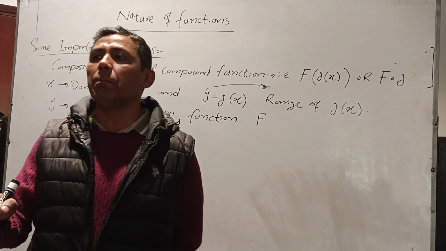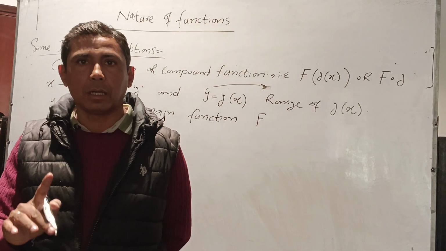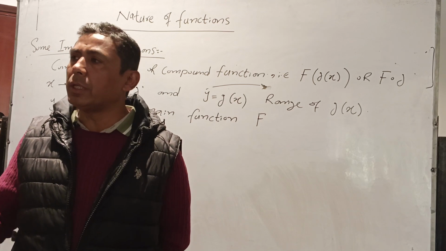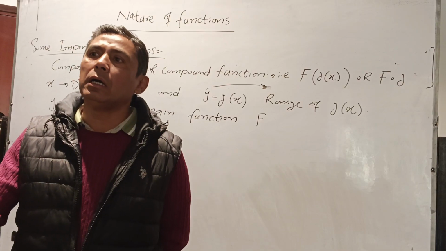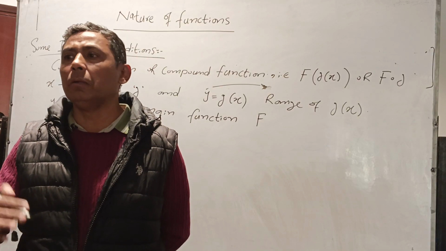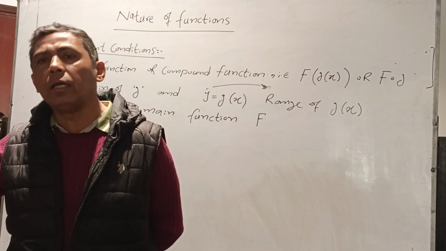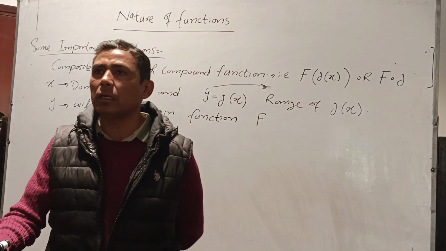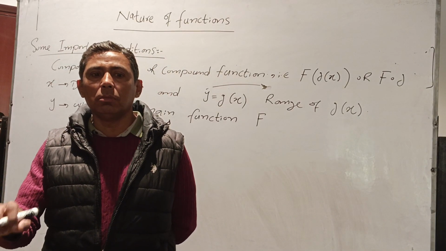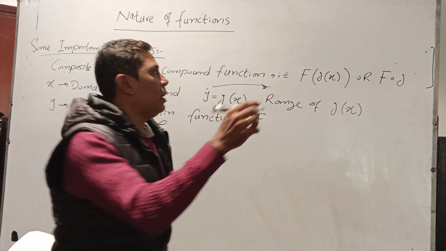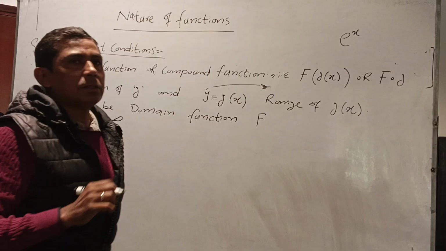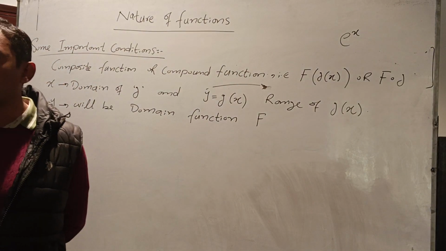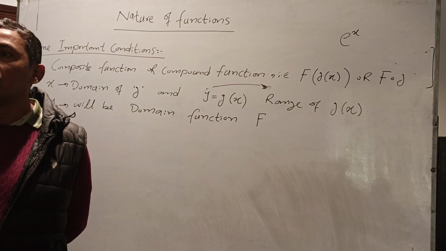Sometimes you take the example of the log function. Clear? And sometimes you take the example of the Cobb-Douglas exponential function in macroeconomics and microeconomics theory. So when we write this one, what does it mean? It is a kind of composite function. Why?